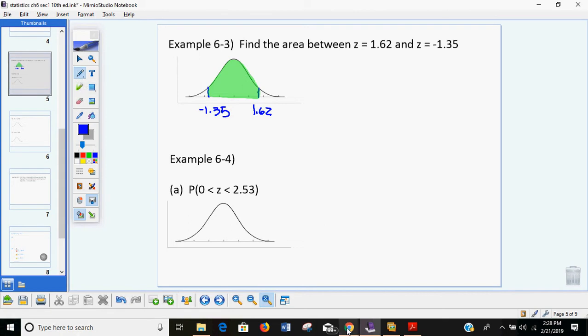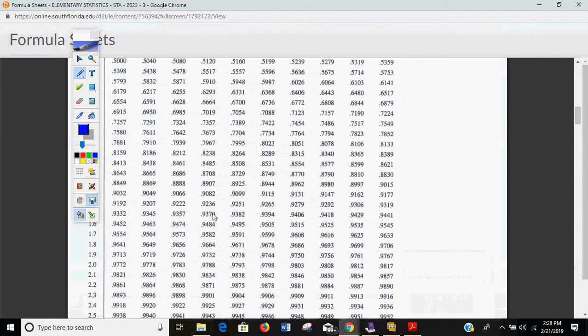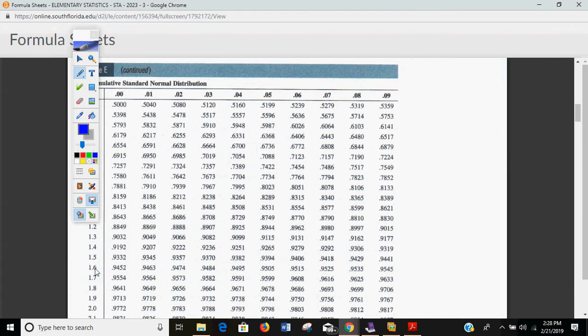So if we go to our chart and we look up 1.62, this would be 1.6. You go over twice. Let's see, 0, 1, 2. So 1.62 is 0.9474.